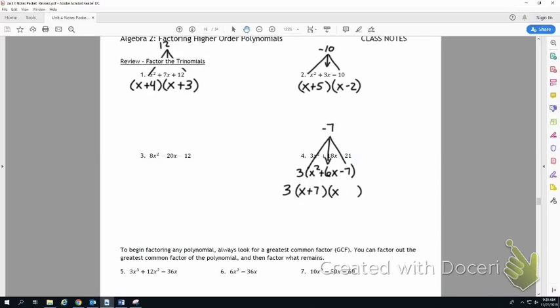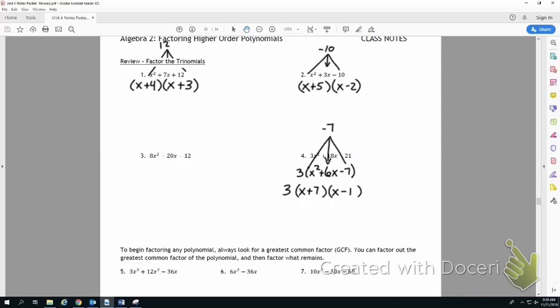Positive 7 and negative 1. If I factor this, do I have to include that 3 right there? Yes. Because if you're listing out the factors in factored form, you have to have that 3 whenever you multiply those to get to what the original problem said.